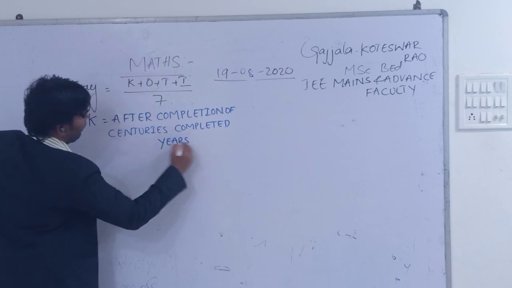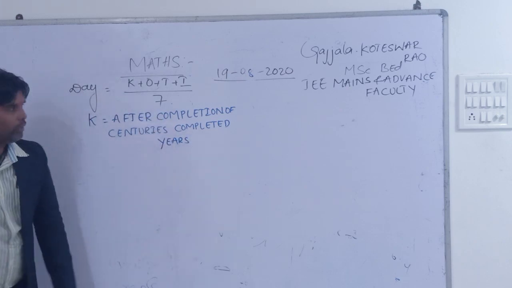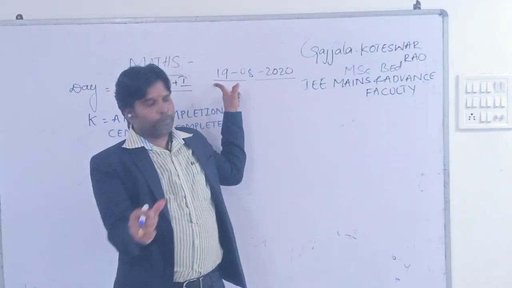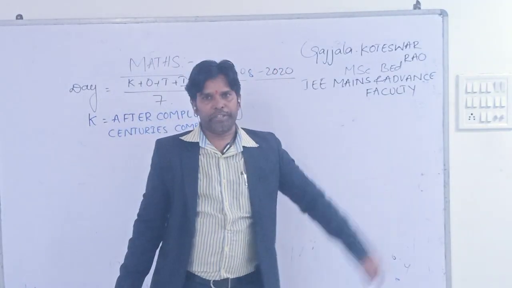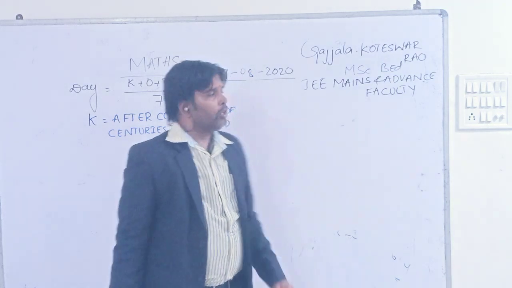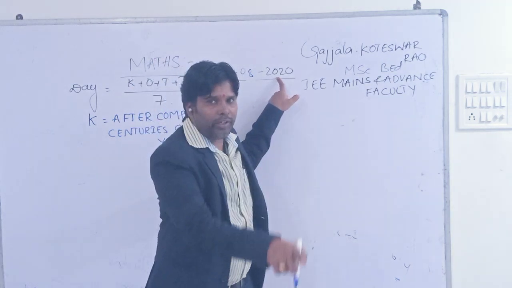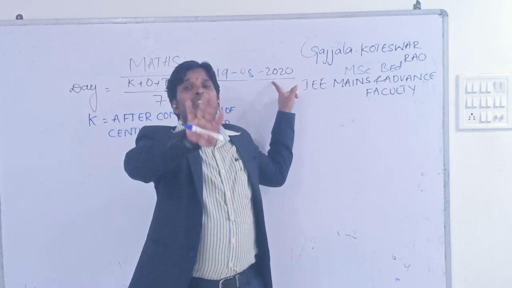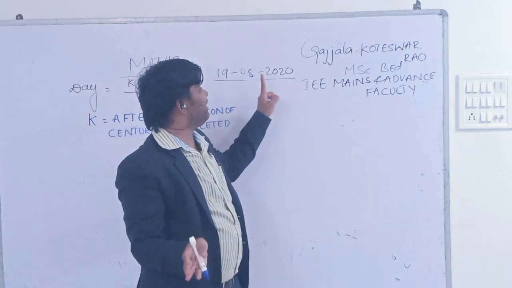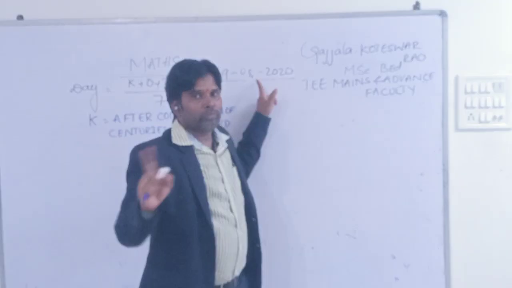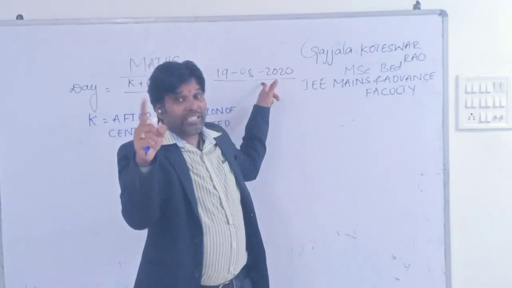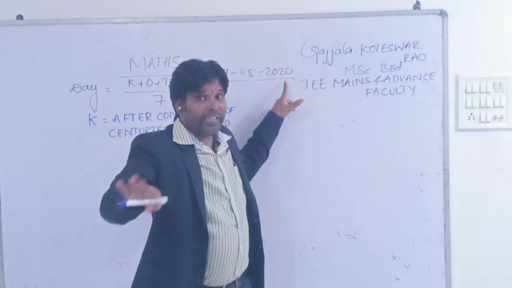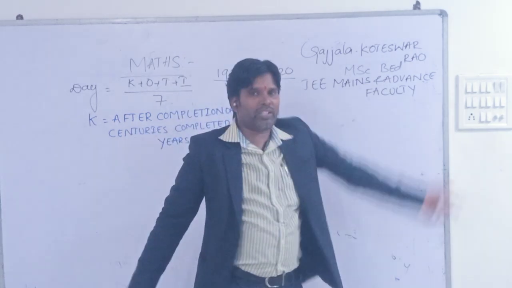For example, I'm going to take one date, 19/8/2020. So here the 20th year is running. How many centuries are completed? 20 centuries are completed, and 19 years are completed, and the 20th year is running.